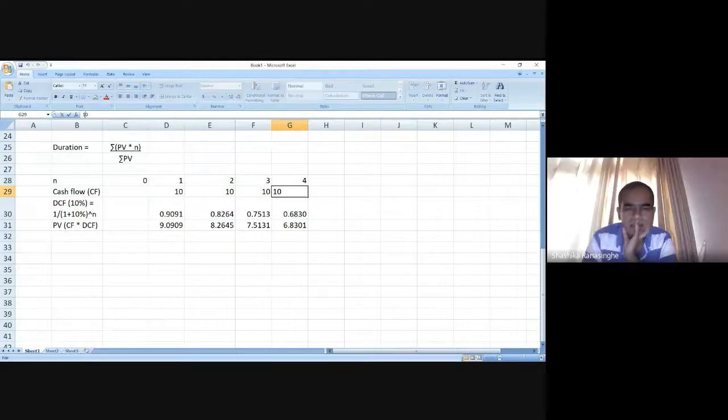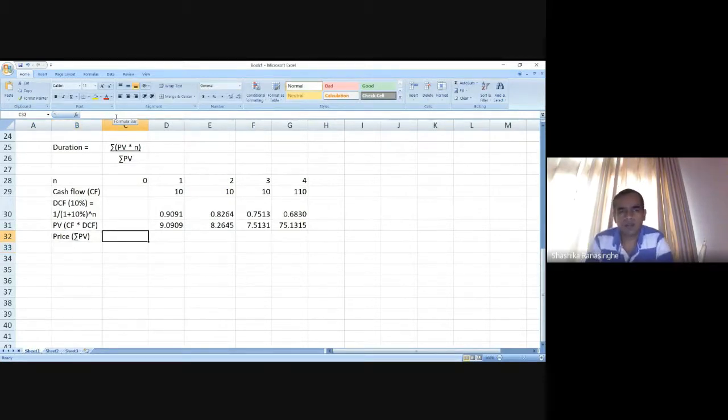The last cash flow includes face value. Price is the total of all the present values, and you get 100, right?